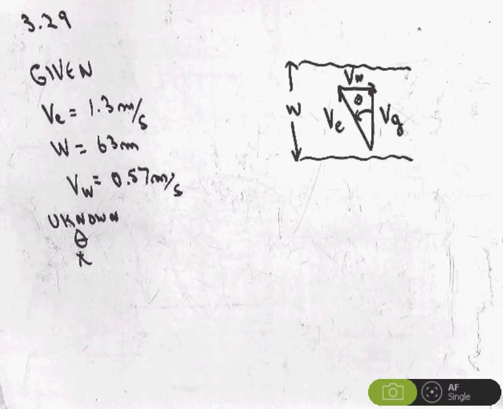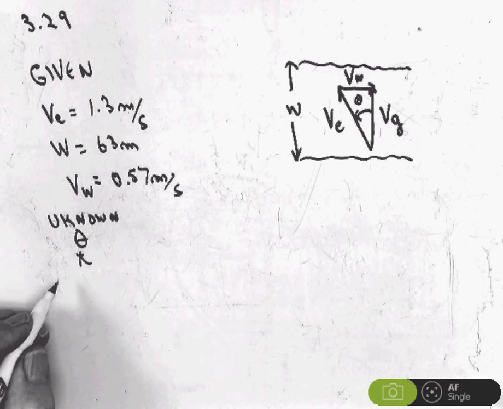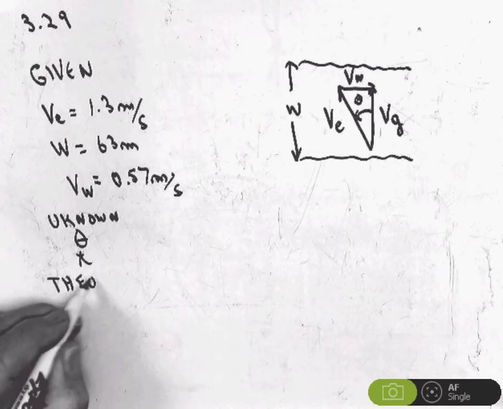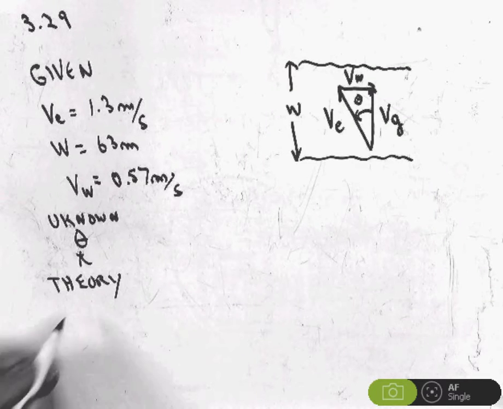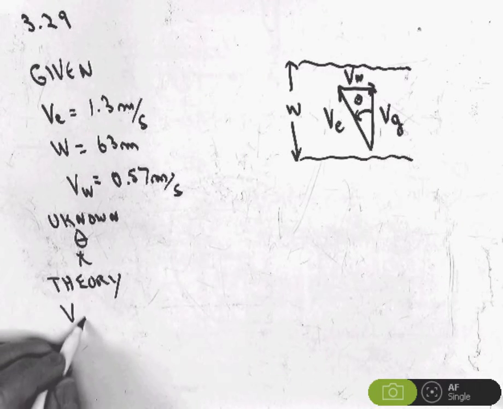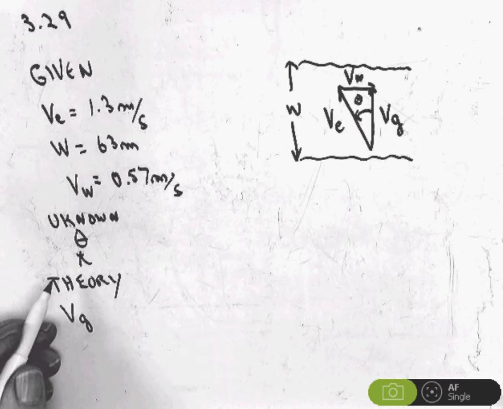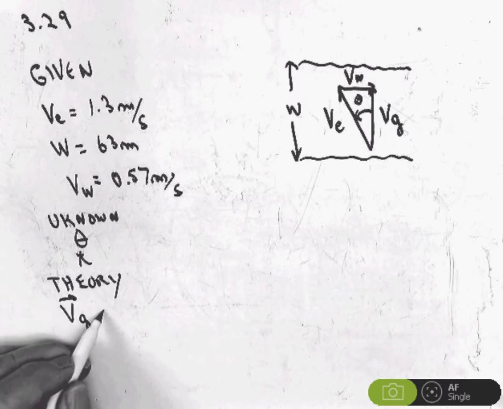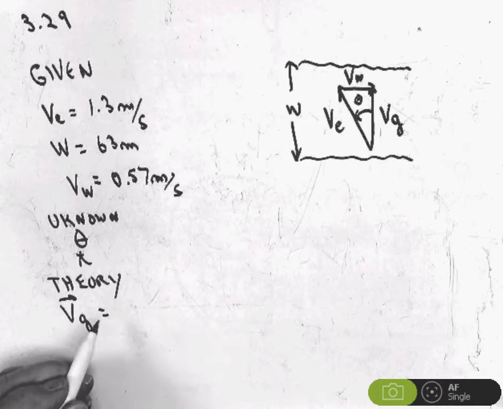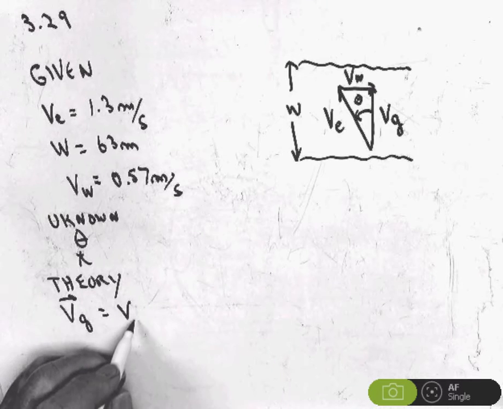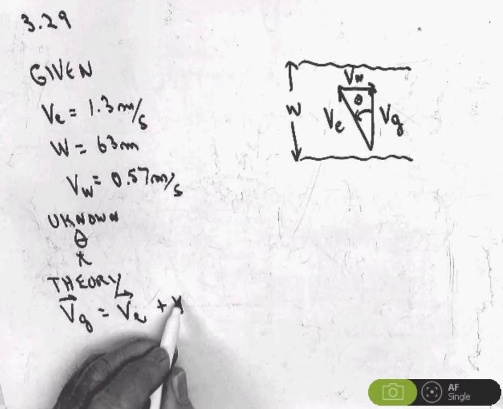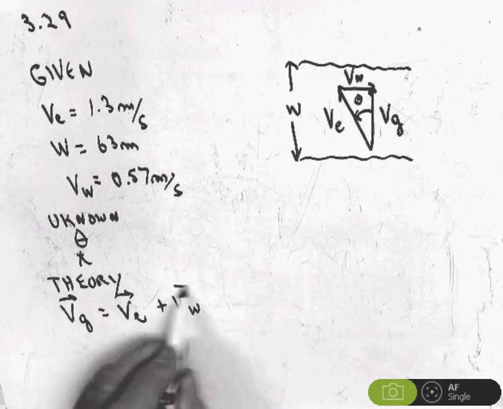But basically, the basic theory is that the velocity with respect to the ground, that is what we're going to see the boat do as an observer on the ground, is going to equal the velocity that you give the boat plus the velocity that the river gives to the boat.